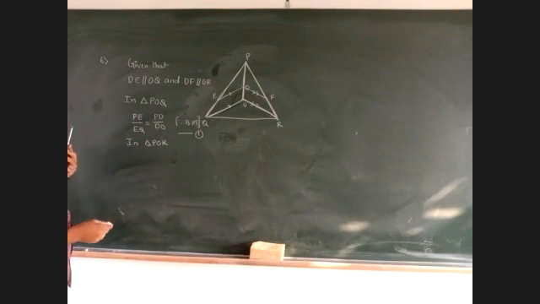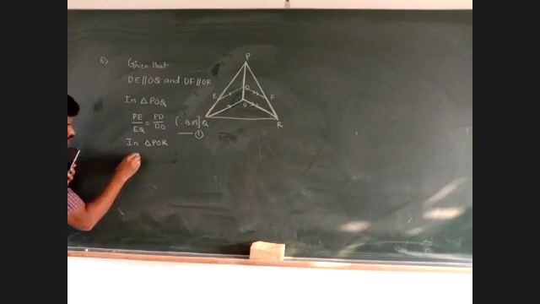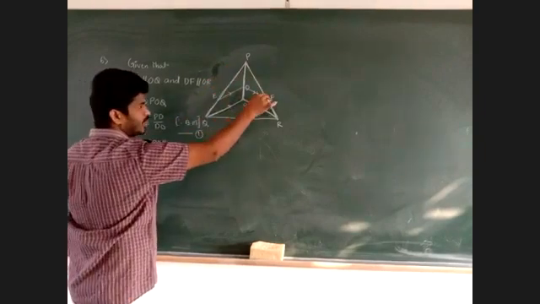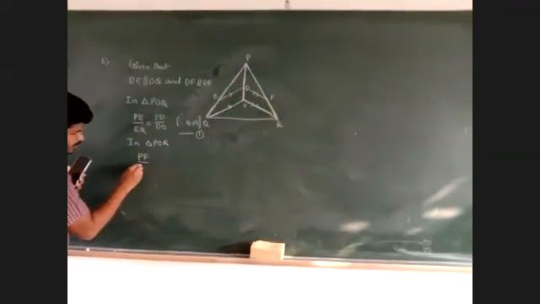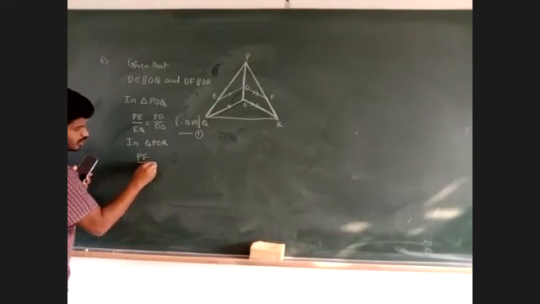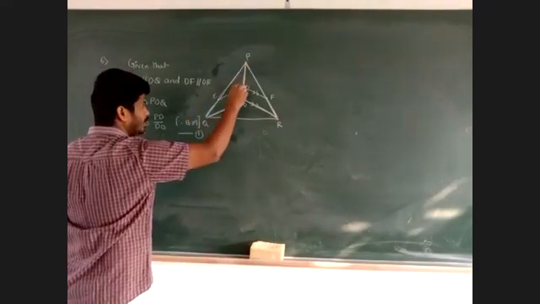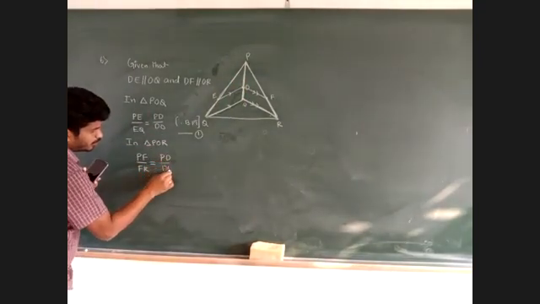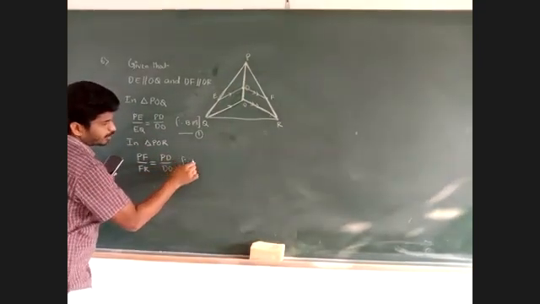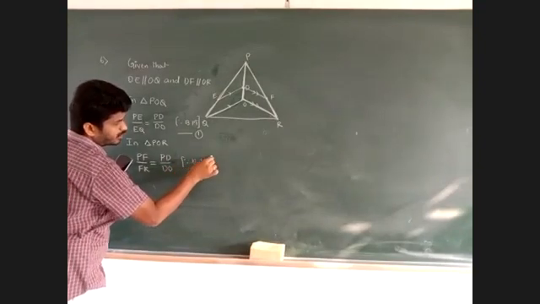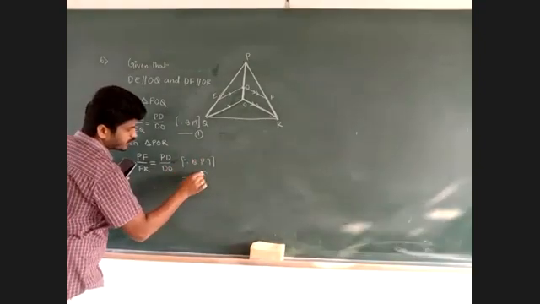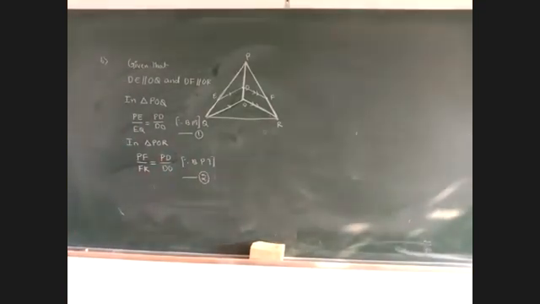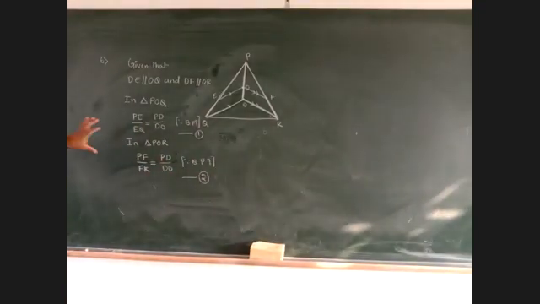Then apply the basic proportionality theorem: PF by FR equal to PD by DO. This is equation number 2. Is it clear, these two conditions?